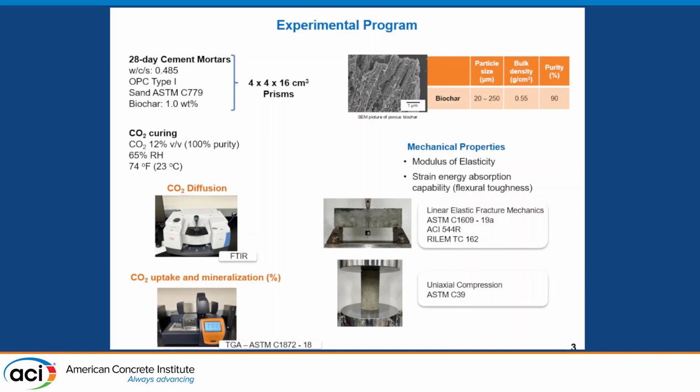So we went up to 2%, we went up to 3%. We didn't like what we saw, so we got stuck with 1%. The material has huge potential, and we used it in fabricating specimens, accelerated CO2 curing, and measured CO2 uptake, mineralization, and the mechanical properties. We evaluated the CO2 diffusion using FTIR and TGA tests.